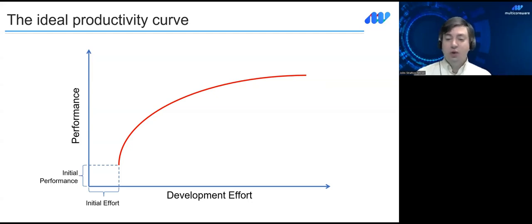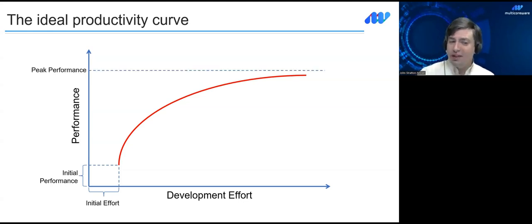And then it's going to have some initial performance the first time you get it implemented. It's going to have some performance when you deploy it and run it on a given system. And then obviously over time, the more effort you spend on improving the performance of the system, the higher performance is going to get, within reason.